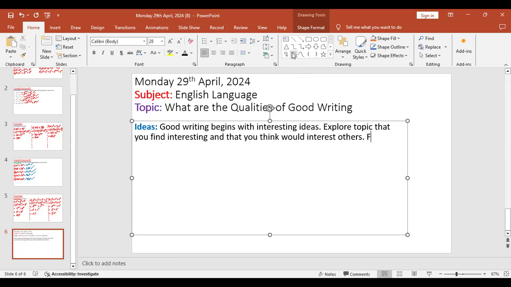Okay, so focus on presenting information that will be new and fresh to the readers.